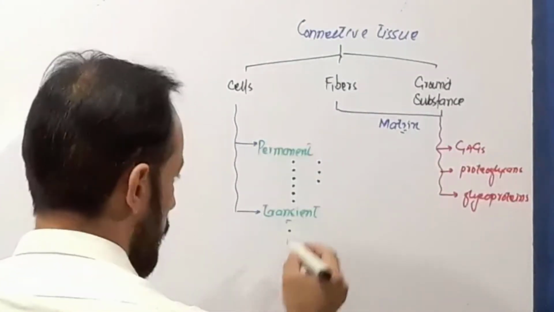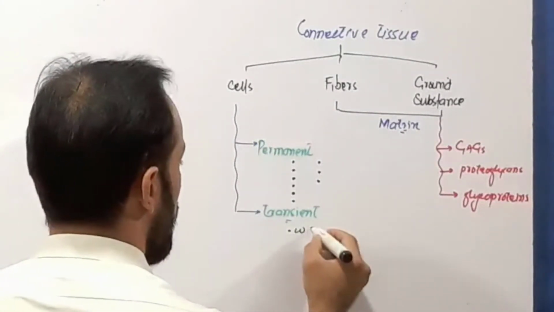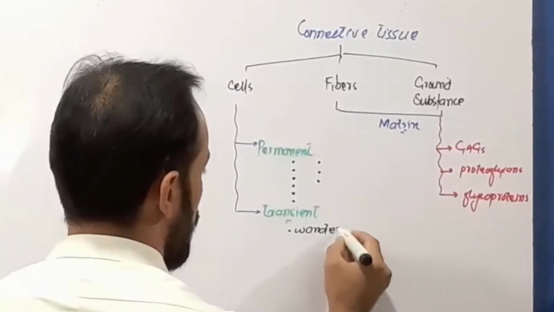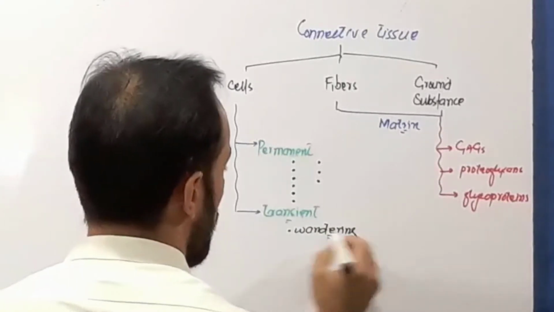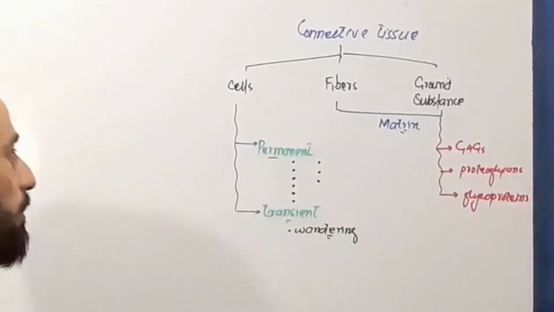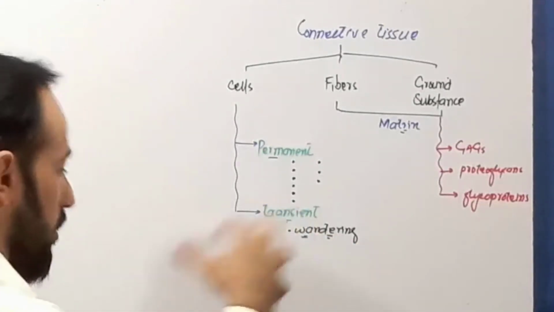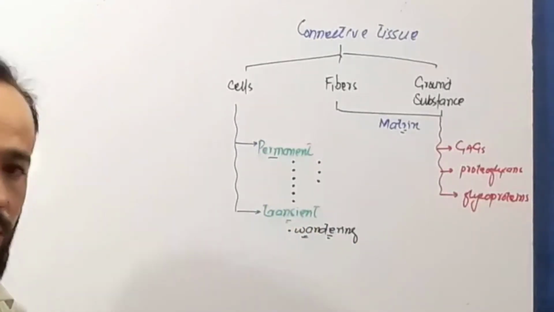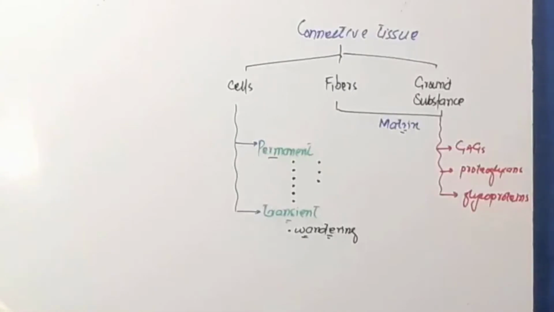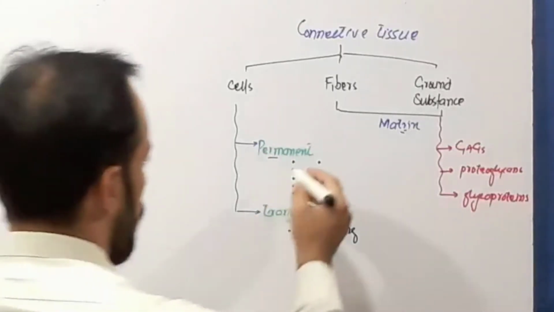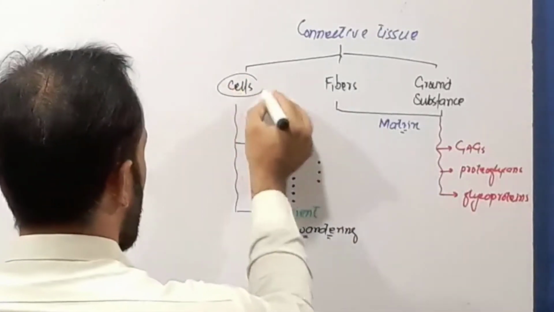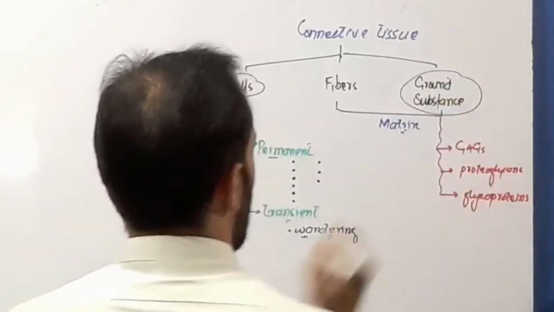About the transient cells, we had said that these are the wandering cells of the tissue. Wandering cells means they come and go, but the permanent cells will permanently reside in that tissue. The wandering cells come to the tissue, perform their function, and then go back. So we have already discussed the cells and the ground substance in detail.